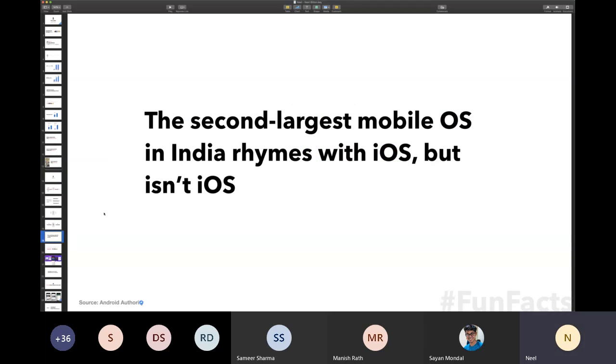But before moving on, just to give you an example. We already know that Android is the largest operating system in India. Most people have Android phones. But what we do miss out a lot on is the second largest mobile operating system. We think it is the iPhone or iOS, for example, but it isn't actually iOS.